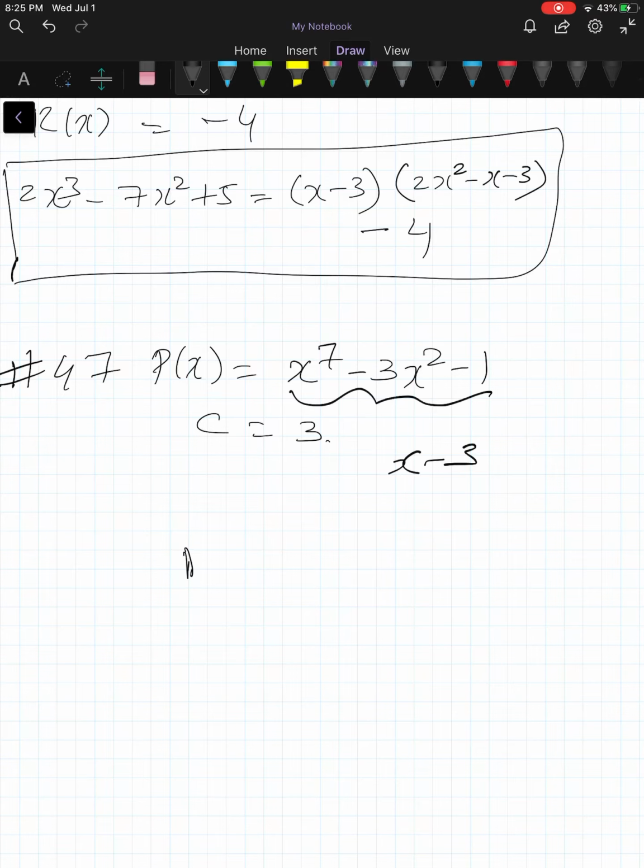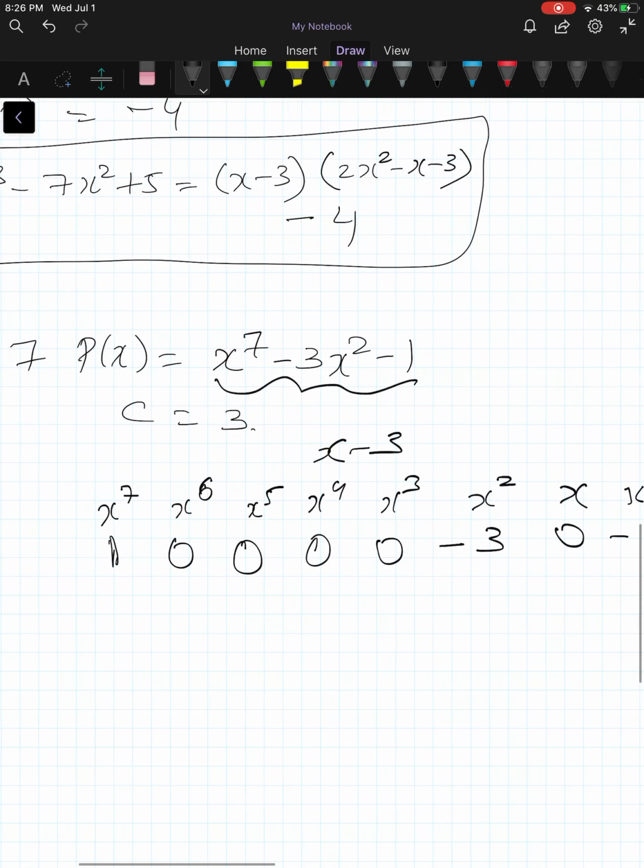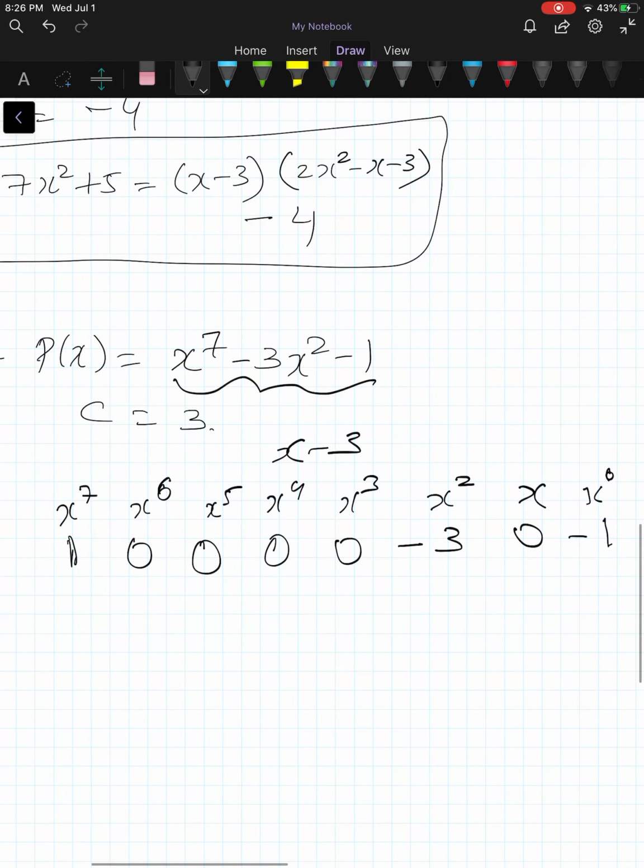That would be 1 of x to the power of 7, 0 of x to the power of 6, 0 of x to the power of 5, 0 of x to the power of 4, 0 of x to the power of 3, then -3 of x square, 0 of x, and -1 is the coefficient of x to the power of 0.